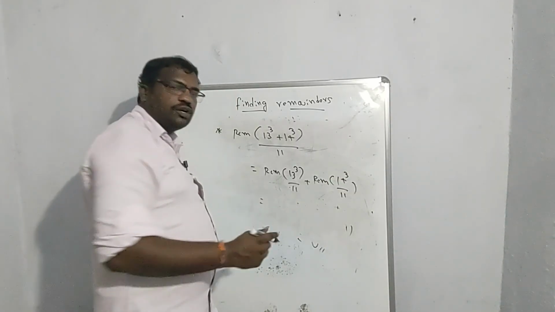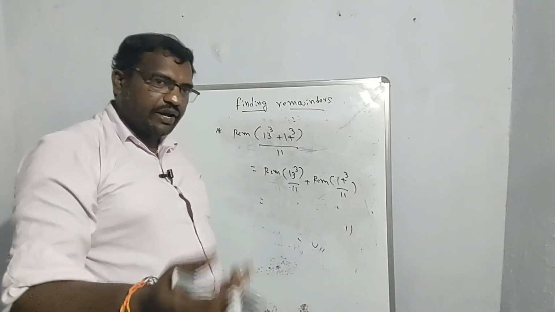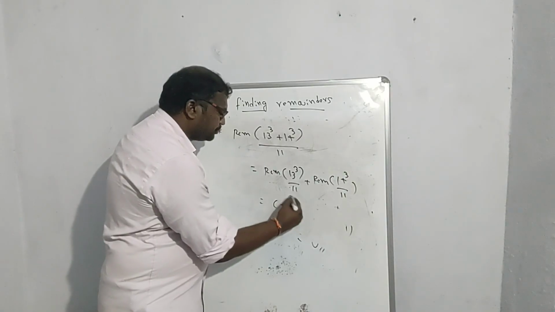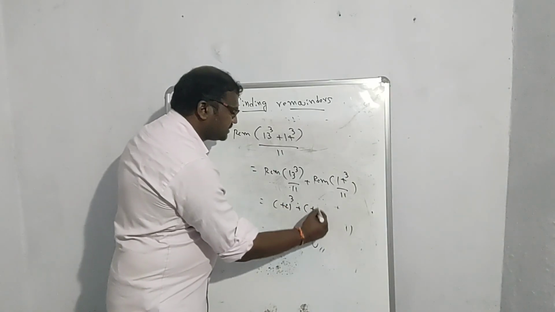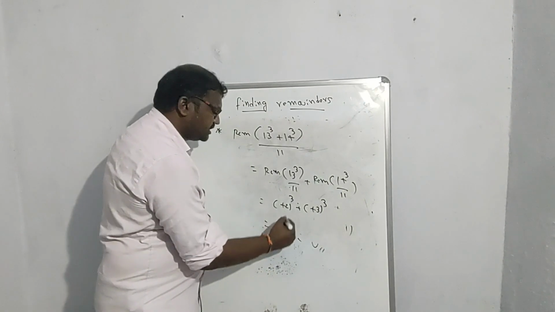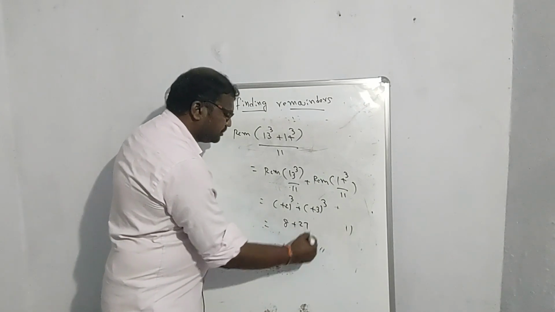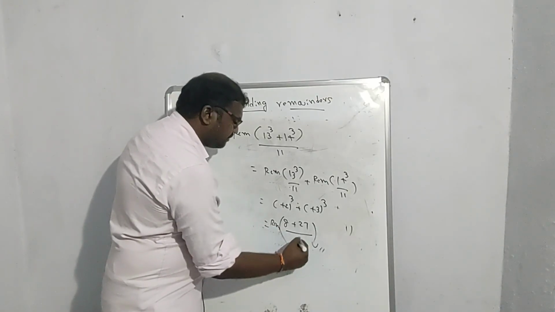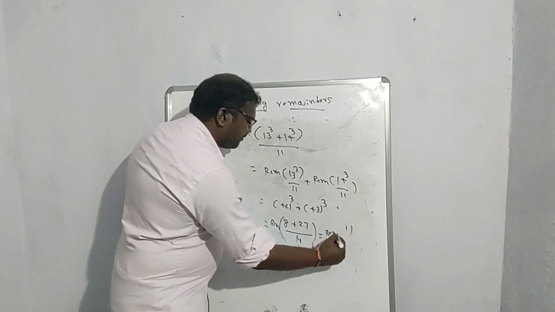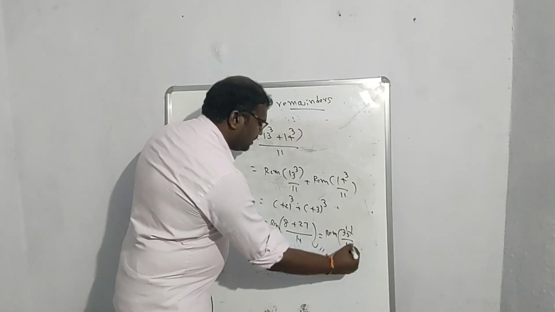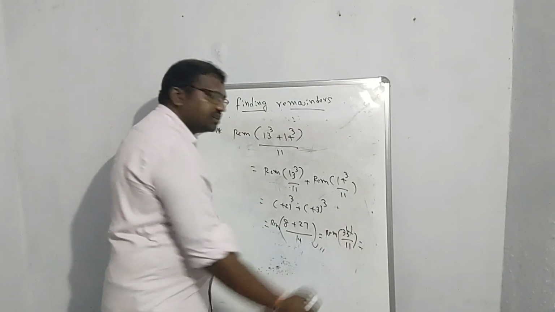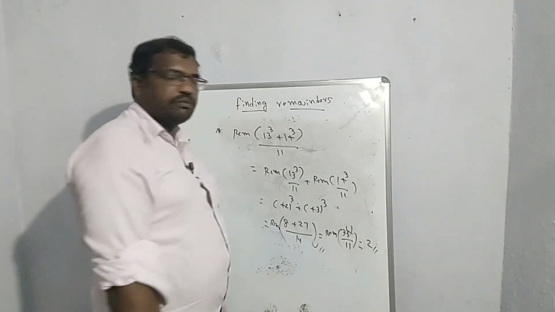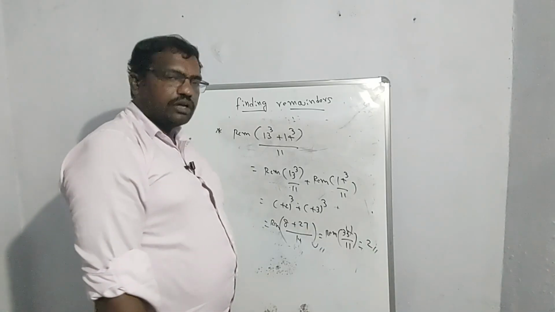Compared to 11, 13 is 2 more and 14 is 3 more. So 2 cube plus 3 cube, 2 cube is 8, 3 cube is 27. So the remainder of 8 plus 27 by 11, the remainder of 35 by 11. 11 times 3 is 33, and 2 more, so your remainder is 2.